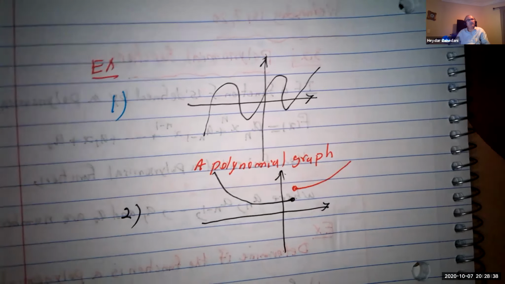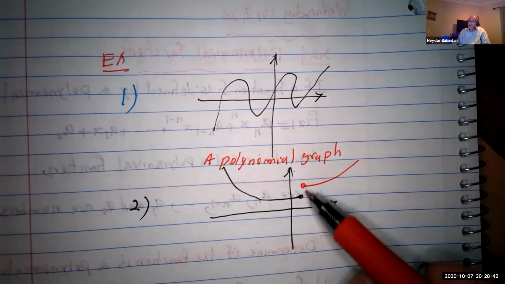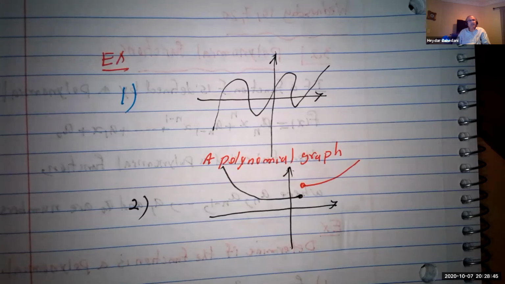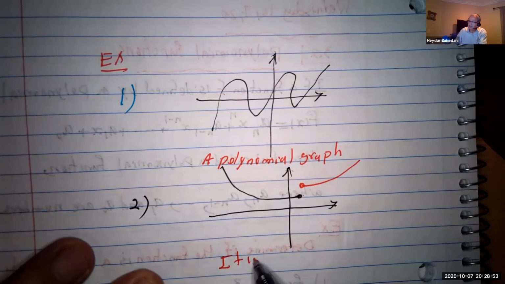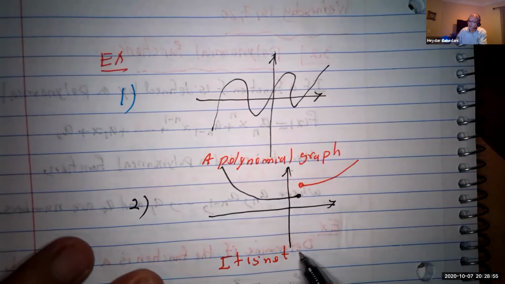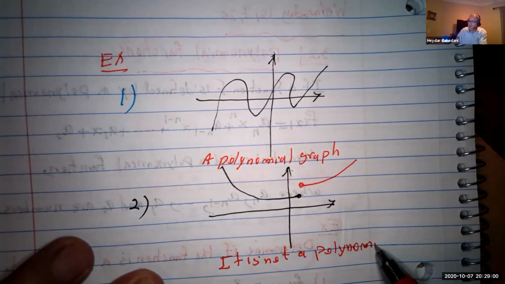This is not going to be a graph of a polynomial, because over here there is a gap, there is a hole. So it is not a polynomial graph.